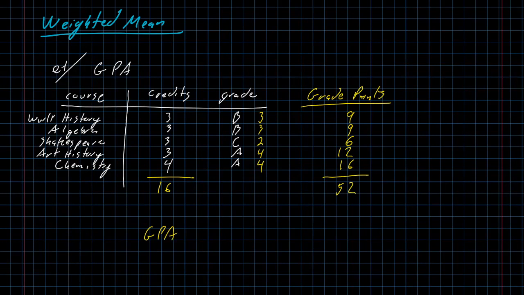To calculate your GPA, you take your total grade points, which were weighted by credit, 52, you divide by the total number of credits, 16, the weight of the category. And my calculator is quite happy to tell me that 52 divided by 16 is a GPA of 3.25.